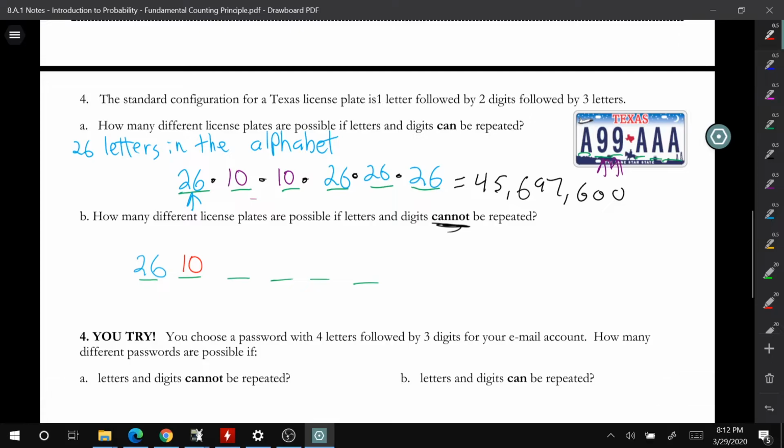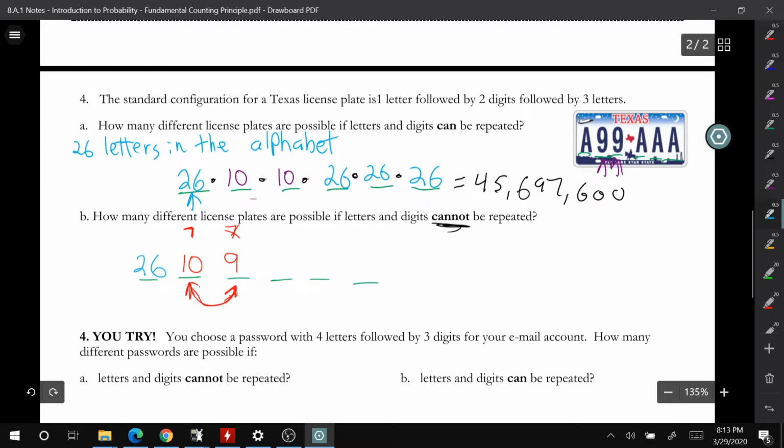Now, the next character in my license plate cannot match what I have right here. So if I have a 7 right here, then the next one can't be the 7. So I only have 9 options because these two can't match.